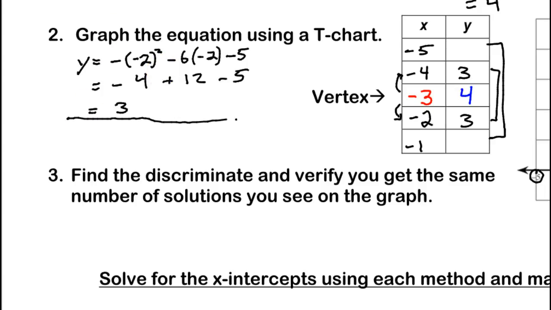Try again. y equals -1 squared minus 6 times -1 minus 5.